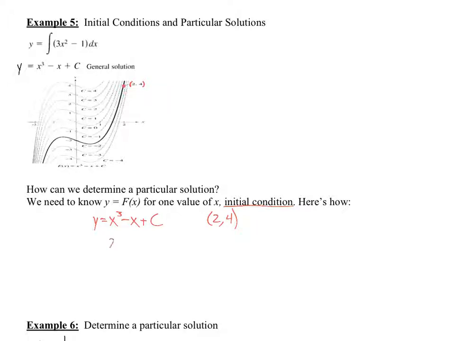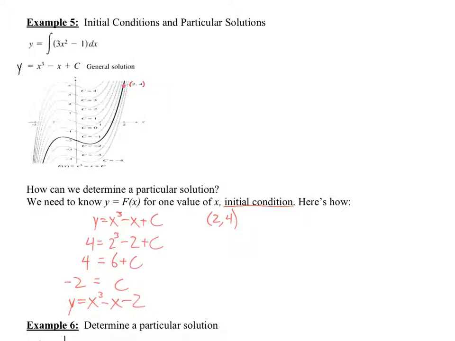So I'm going to put a 2 in for the x, and a 4 in for the y. We have 8 minus 2 is 6. So we have 6 plus c is 4, and that means c equals negative 2. So our particular solution is y equals x cubed minus x minus 2.